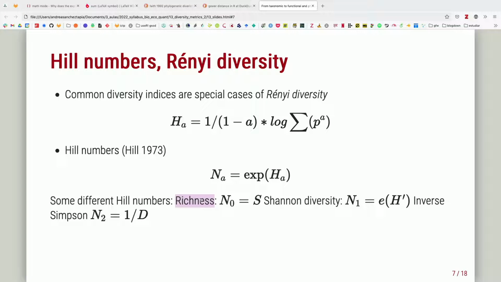With A equal to 1, it's proportional to Shannon. And when it's 2, it's proportional to inverse Simpson. We won't do this right now, but the idea is that it's a unified framework.